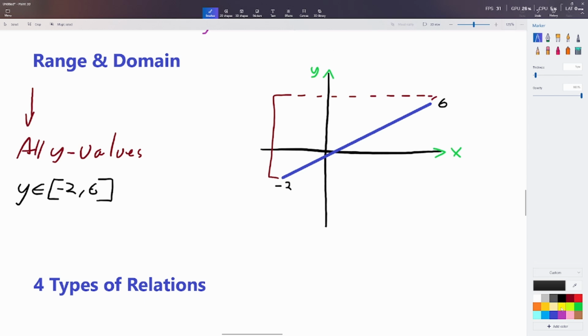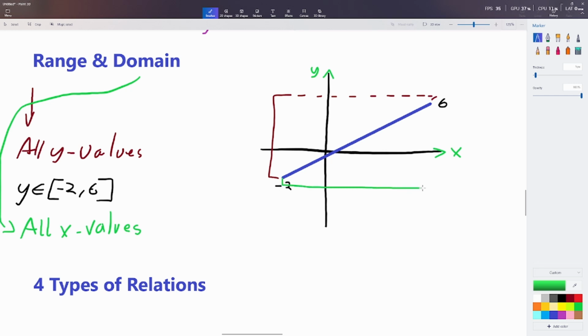And now you might be wondering, what is domain? Domain is actually quite simple as well. It's just all possible x values. And then you can also map it out so that you understand all the values where x is on your graph.